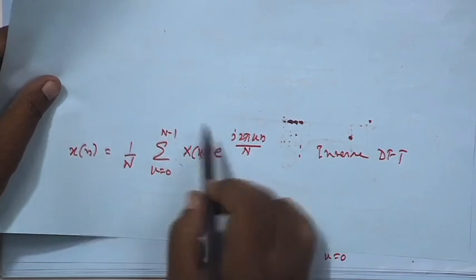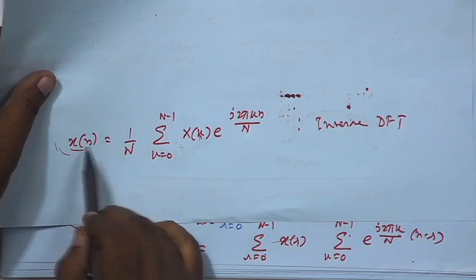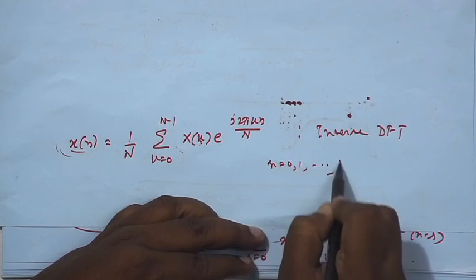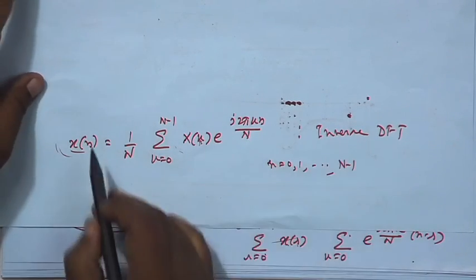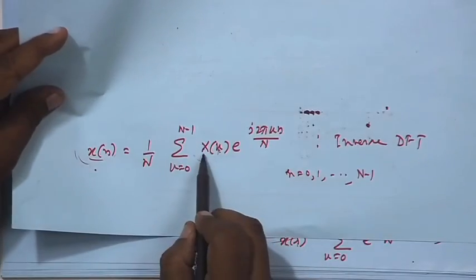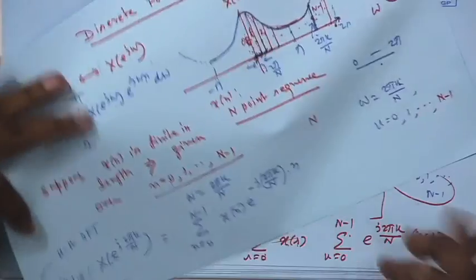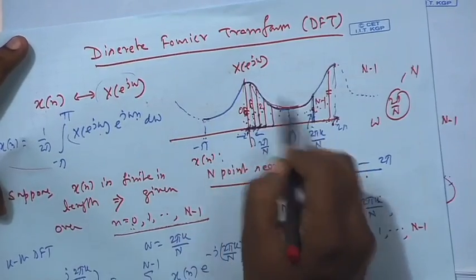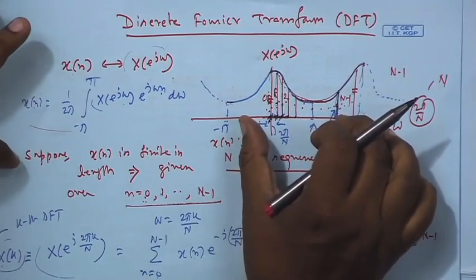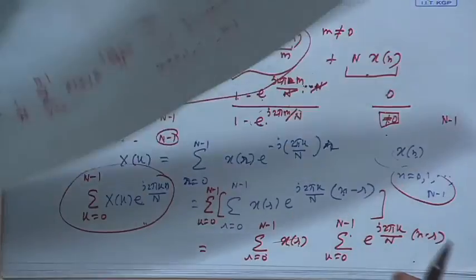So, this summation will give you the original time data sample at the nth index, where n is within the range 0, 1 up to N minus 1. This means I can reconstruct my finite length N point sequence from these samples capital X 0, capital X 1 up to capital X N minus 1 only. I do not need the entire waveform, the entire envelope, so I need storage for only N points. This is a fantastic result.